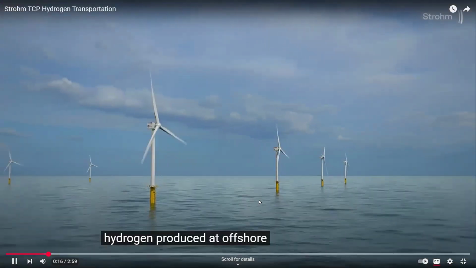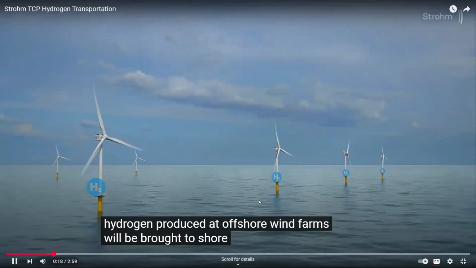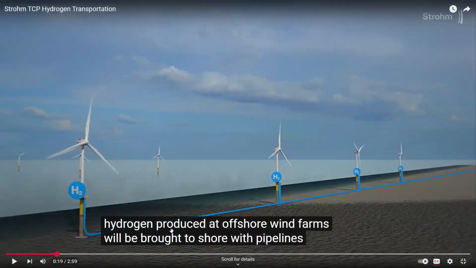Hydrogen produced at offshore wind farms will be brought to shore with pipelines. Yeah, this is the key word. Hydrogen gas produced at an offshore wind farm, this is an offshore wind farm, will be brought to shore with a pipeline. As you can see, the wind turbine blade will generate the electricity, and then the electrolyzer will generate hydrogen gas.